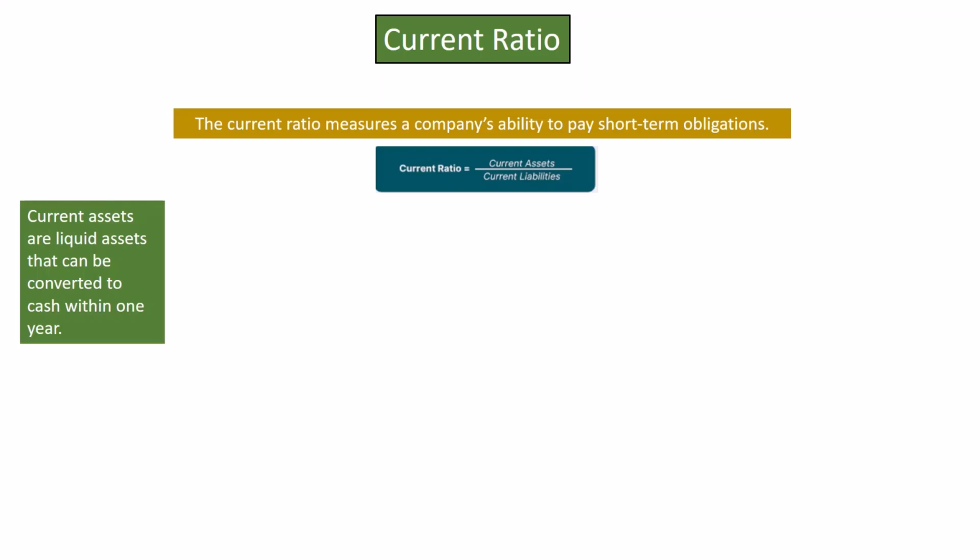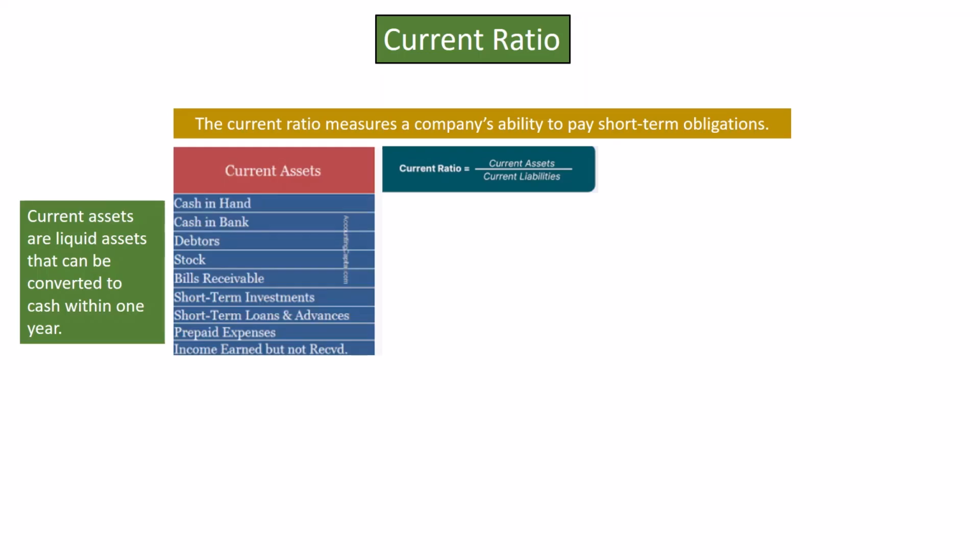So what are the current assets? It may be cash in hand, cash in bank, debtors who are getting loans from us, stock we may have invested in other companies' stock, bills receivable, where we have already sent our goods but need to get the money from the customers, short-term investments, bills, bonds and any other things, short-term loans and advances that we have already paid to other people, prepaid expenses, where we have already paid the expenses, and income earned but not received.